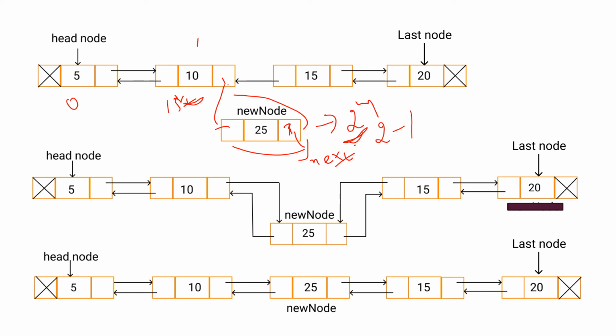Okay, and finally the next node's previous pointer must be made to point to the new node. So this is how we are inserting at the given position. Here we are changing the next and previous pointers for the new node, and we are inserting at the second position.